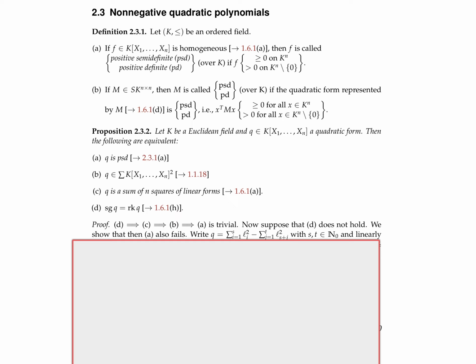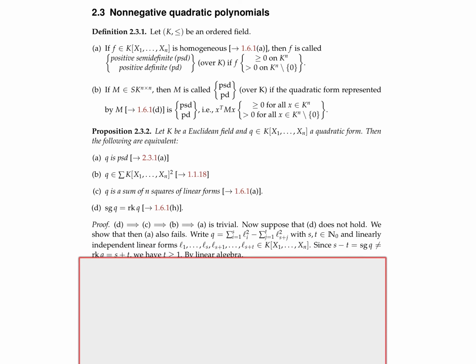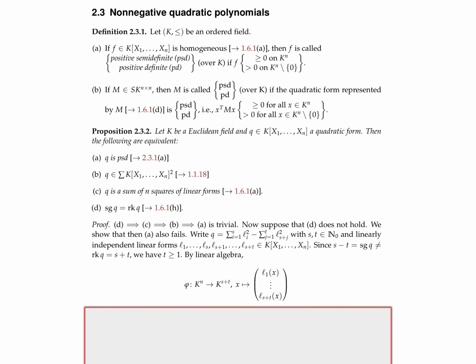Okay, so if D does not hold, then, well, we learned that you can write Q as a difference of sums of squares of linearly independent linear forms. So let's do this, right? Now s minus t is the signature, but this is not equal to the rank, which is s plus t. And so we must have that t is greater than or equal to 1, right? So there is at least one square appearing negatively. And now we want to use this to show that Q is not PSD.